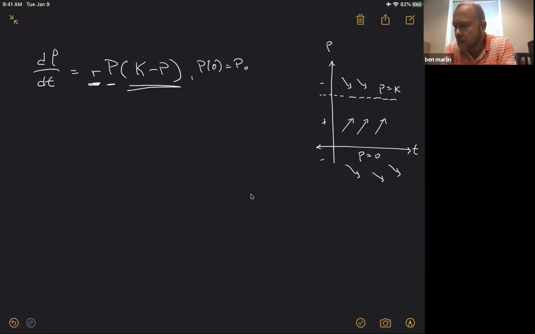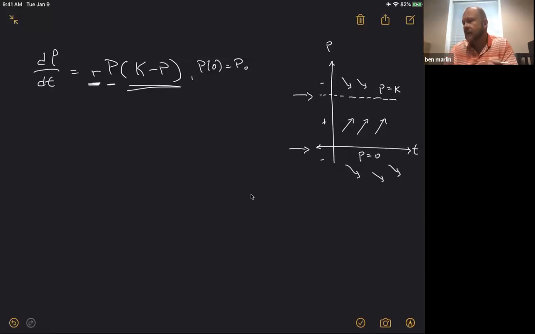So if you've got something like that going on, then you have an equation that just falls into this sort of format. If I took values for P that were equal to K or to 0, either one of those solutions is going to be a constant solution and have a derivative of 0, and therefore when you plug it in and get 0 on both sides, it satisfies the equation.